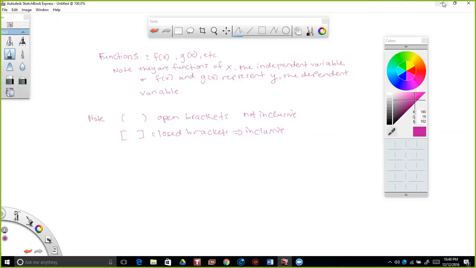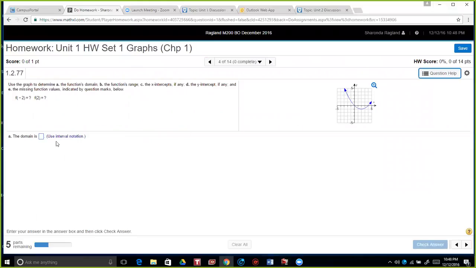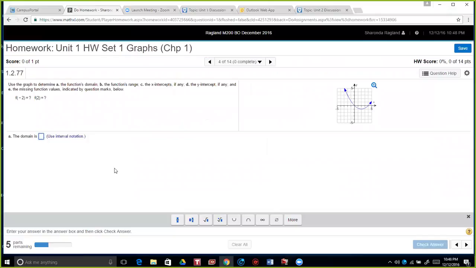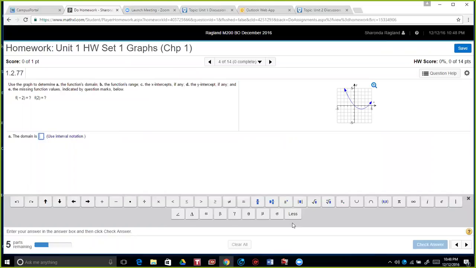Going back to this graph, when you write that in there, you have to write it in interval notation. We know it goes from negative infinity to positive infinity, so we'll use the open brackets. Let's see if we have them here. Otherwise, we just use the ones on the computer.